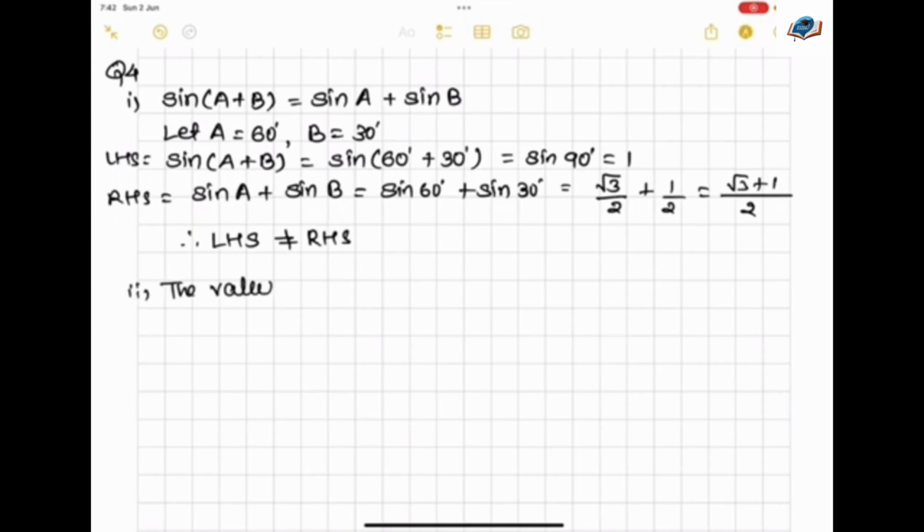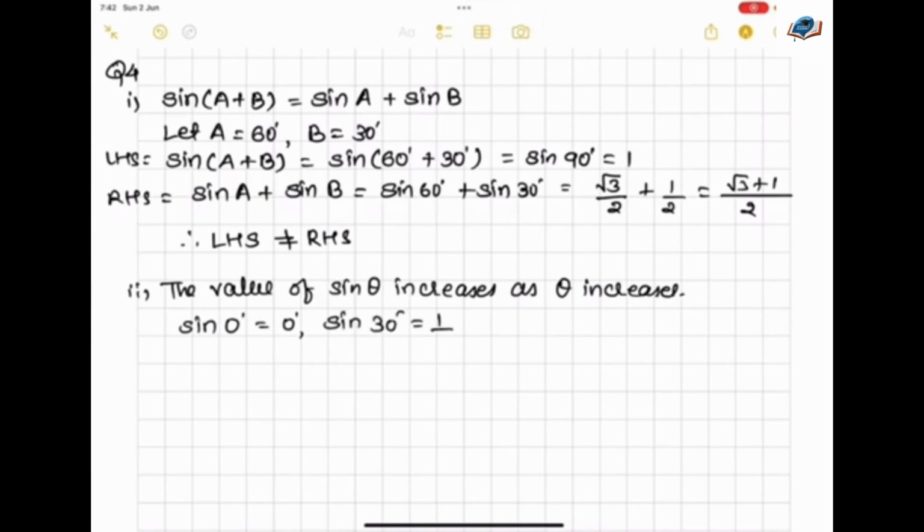Second one is the value of sin theta increases as theta increases. Here first I am taking sin 0 is 0, sin 30 is 1 by 2, sin 45 is 1 by root 2, sin 60 degree is root 3 by 2, and sin 90 equal to 1.